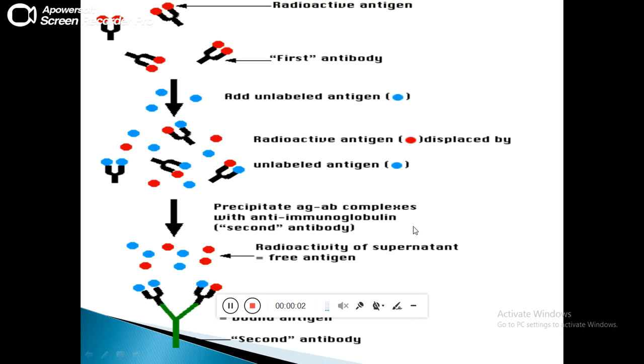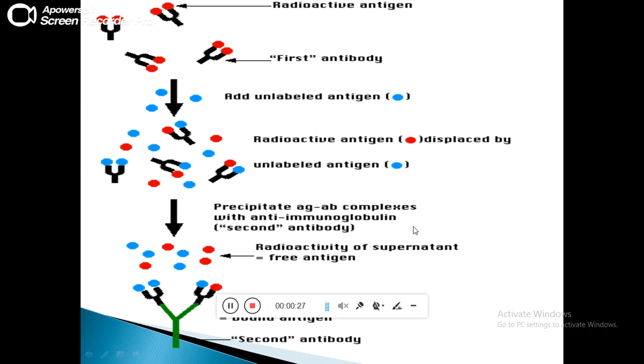The entire process of a RIA can be understood with the help of this diagram, in which a red spot represents the radio-labeled antigen, whereas the blue spots represent the unlabeled antigen. So first we can see the formation of an antigen-antibody complex where the radio-labeled antigen is bound to an antibody. This leads to the generation of an immune complex.